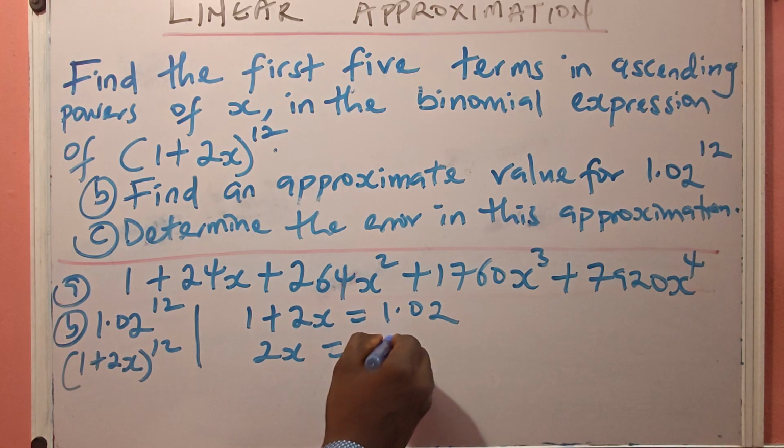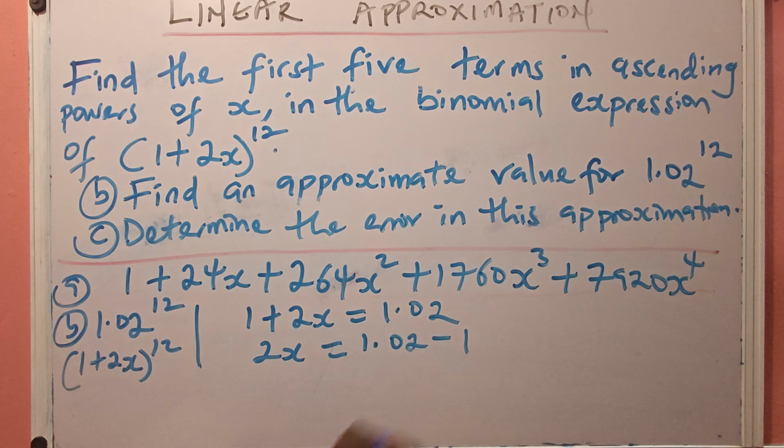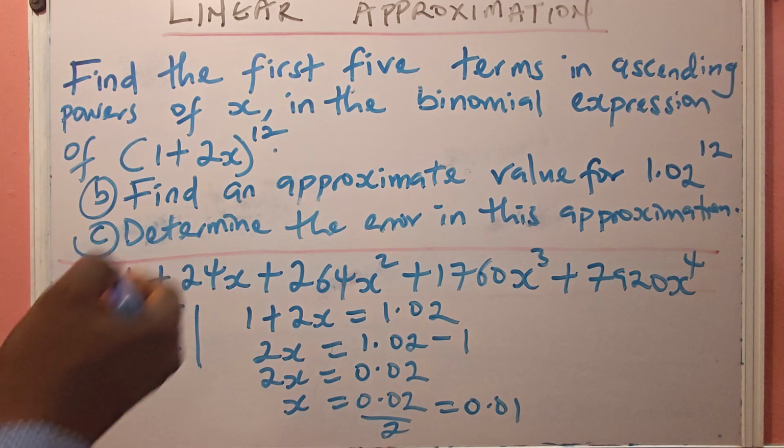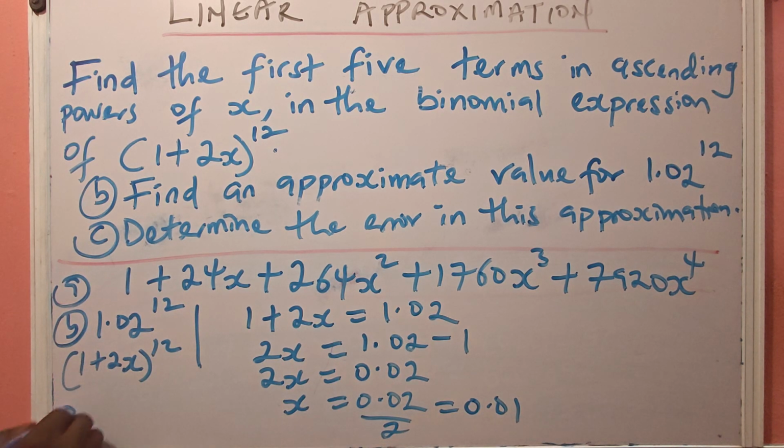So 2x will be equal to 1.02 minus 1, because 2x here will be equal to 0.02. And your x value will be 0.02 over 2, which gives me a value of 0.01. So I can say my x should be equal to 0.01. All right.